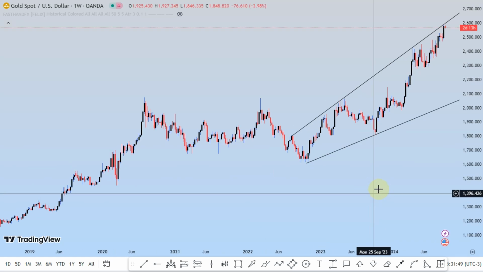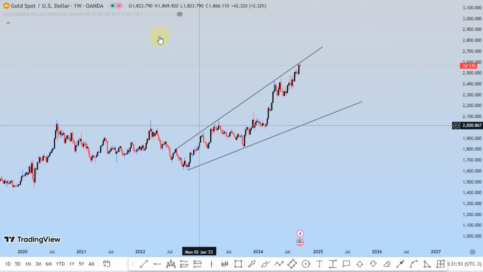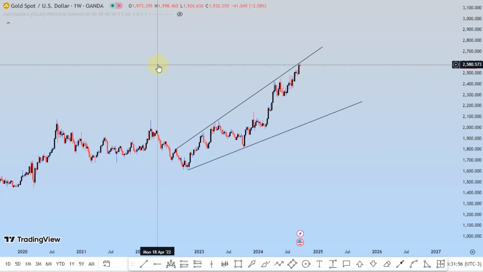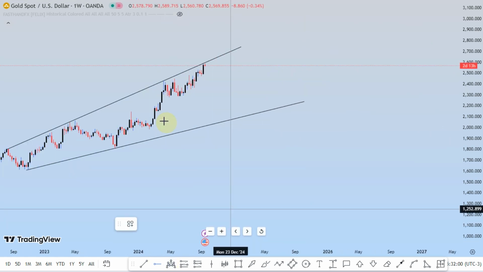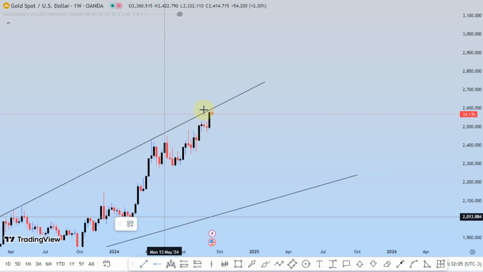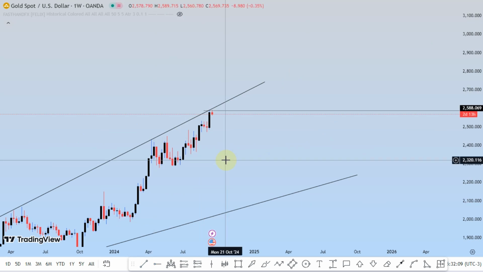Right. So this is what we have. Like we said, this is an expanding channel, and let's concentrate on the current market price. Remember, last week we had this as the high right here. Let's just mark out this level right here. So that's the highest high of the week, right?